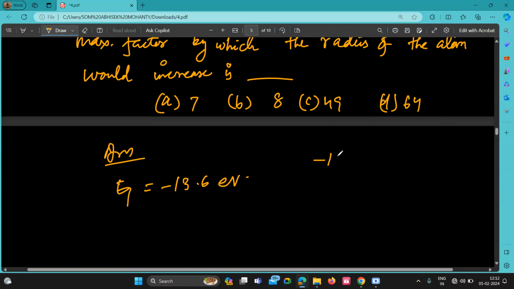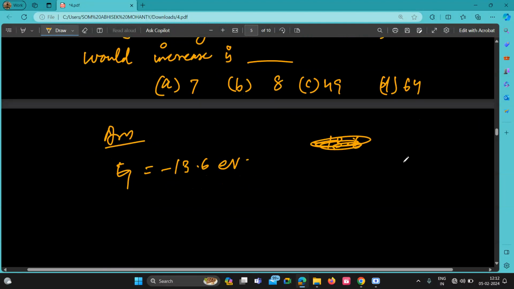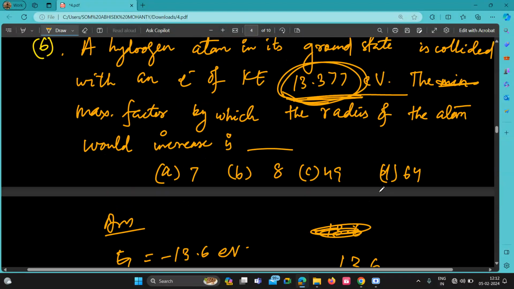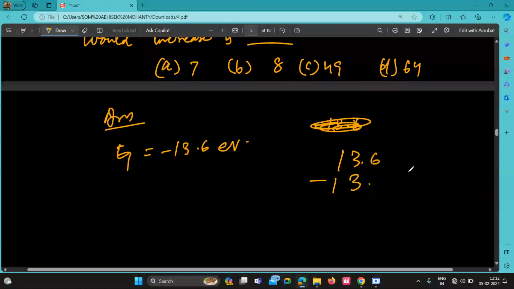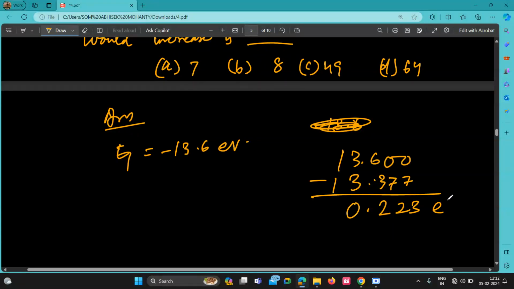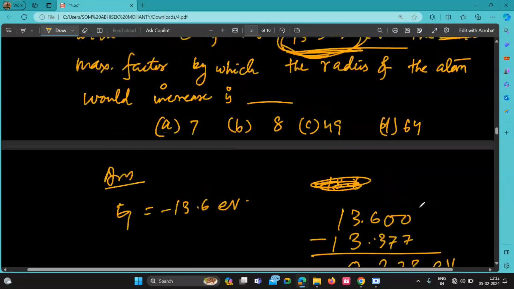Subtract 13.6 minus 13.377, that is 0.223 electron volt. If I add this, then the radius of the atom would increase.